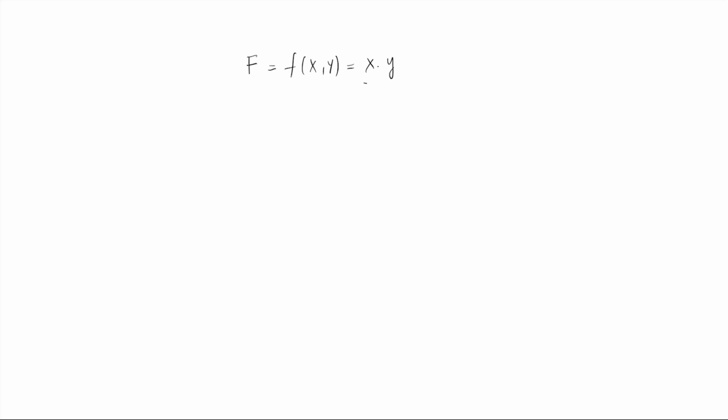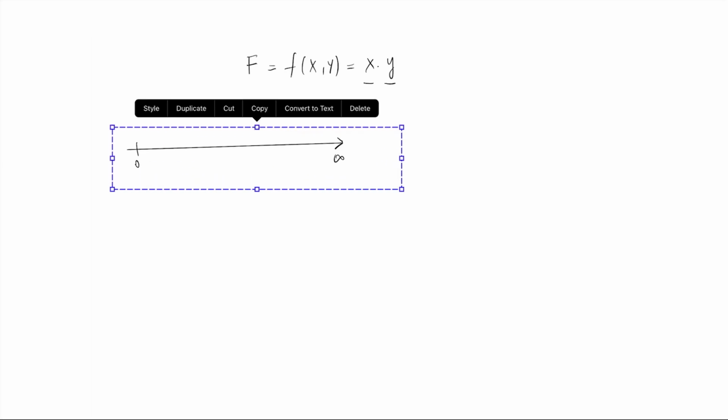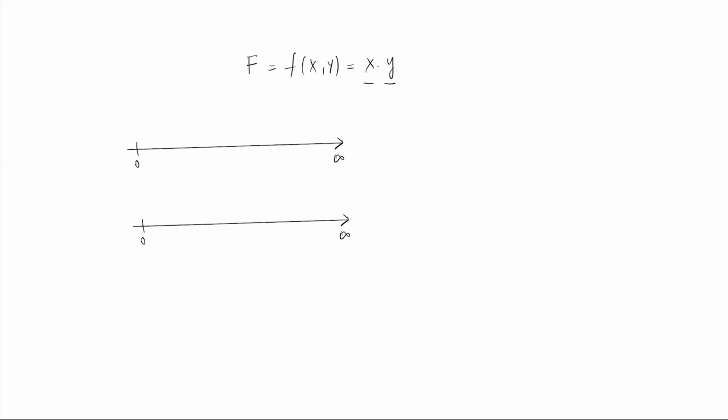We have two variables, x and y, and we multiply them. Since both x and y are free variables, we can imagine them as number lines. So this is 0, and now this goes to positive infinity. And we have two of these number lines. And on one we take the value of x, and on the other one we take the value of y.